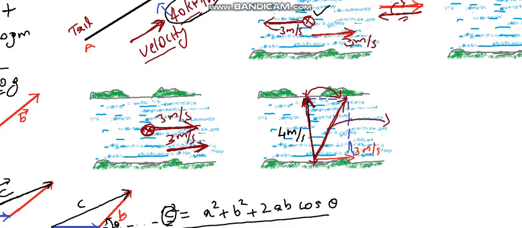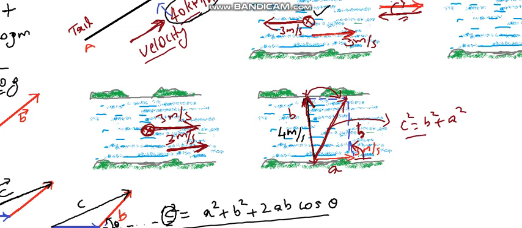And similarly, you can find the magnitude of this vector by using the previous equation. Suppose this is your B and this is your A, then this also will be your B, magnitude B, and this is your A. Then you can use C square equal to B square plus A square, because the angle between A and B is 90 degrees, and cos 90 becomes 0.